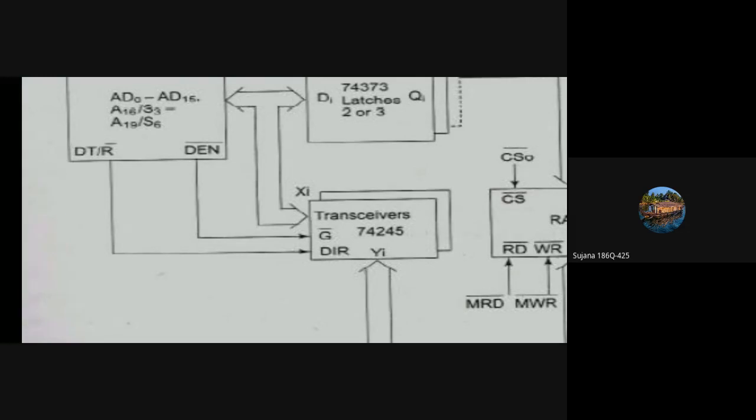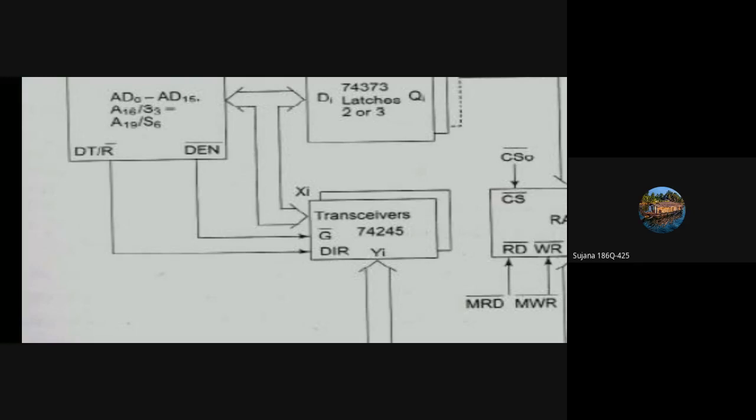Next, DT by R bar will give you the direction of the data. That means whether the data is being received from the microprocessor or is being provided to the microprocessor. So is the microprocessor receiving the data or sending the data out, that information will be given by this DT by R bar.